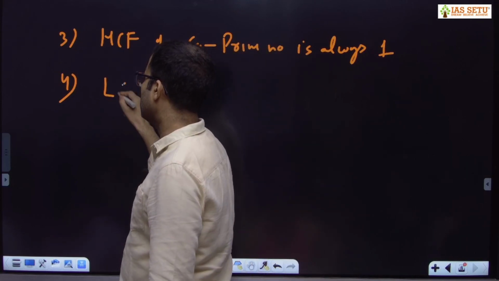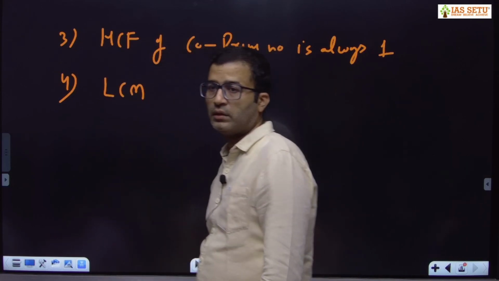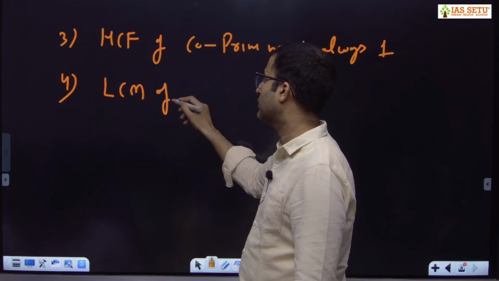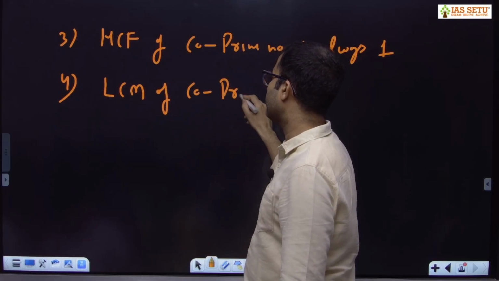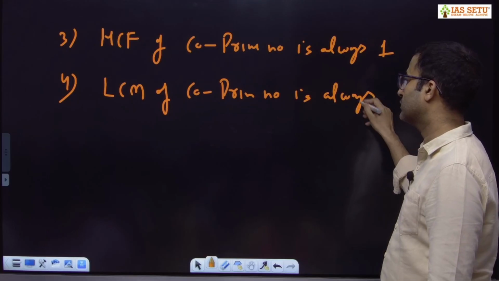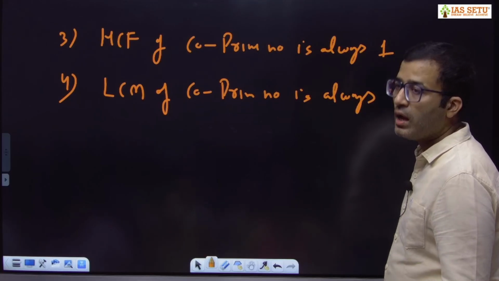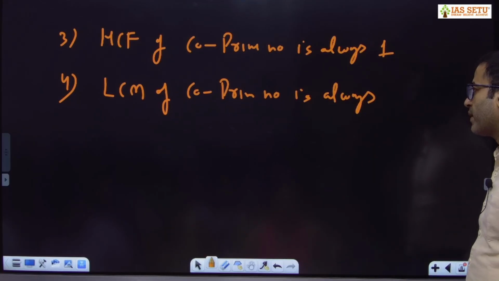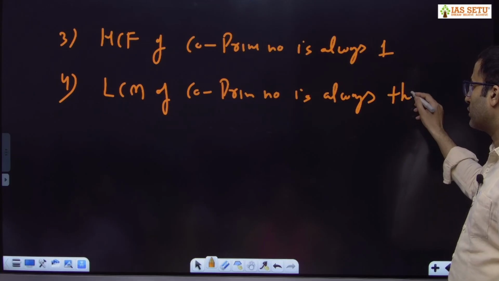Now the fourth one. LCM of co-prime numbers, any, is always, लिख लो, LCM of co-prime numbers is always their product.